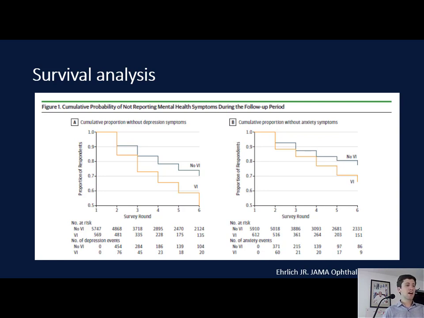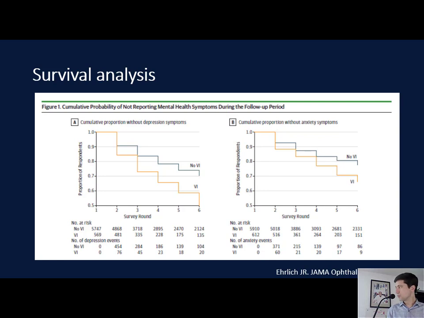In this case, we were looking at the probability that somebody along our study reported being depressed. So we had 2 groups of people, vision impaired and non-vision impaired, and we wanted to know over 6 years, did the vision impaired people, our hypothesis was those people who were visually impaired were more likely to have onset of depression.